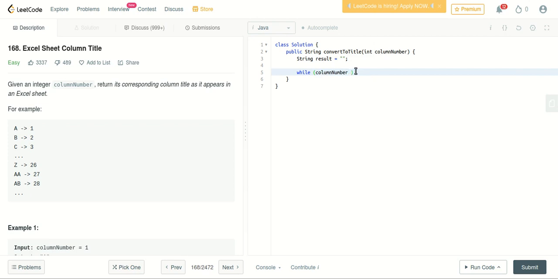If column number is greater than 0, we keep iterating, and with each iteration we would reduce our column number by 26.